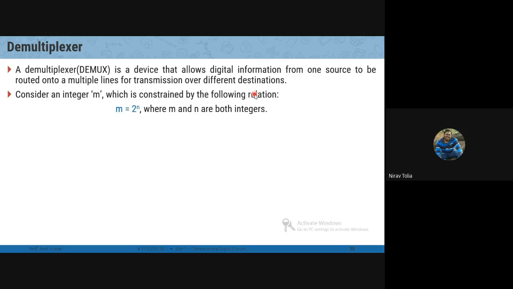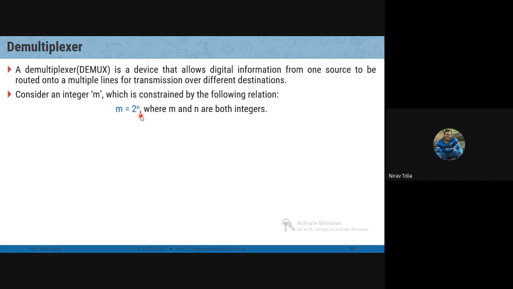Again, my equation remains the same: M is equal to 2 raised to n. But in a multiplexer, M indicates the number of inputs, but in a demultiplexer, M indicates the number of outputs.